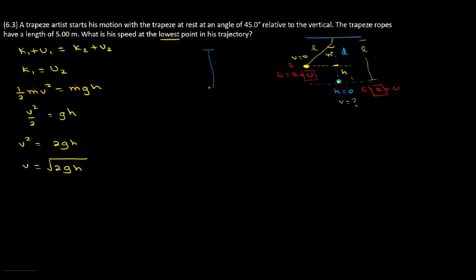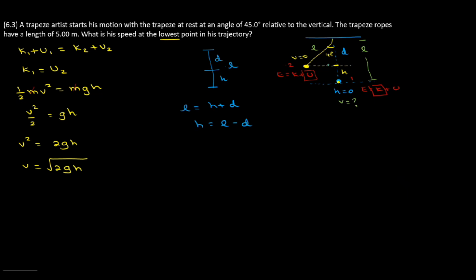This is my rope, the total length is L. This distance is h, and this is d over here. So I can write my total length as h plus d, and rearrange to write h as L minus d. So if I know the value of d, I can find the value of h.